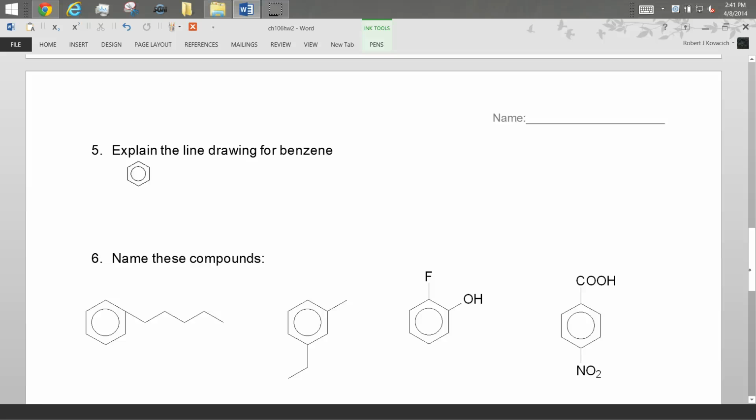This is a pi bond that's delocalized. Where does the pi come from? They're p orbital electrons. The electrons themselves come from p orbitals. So whenever I've got a p orbital electron making a bond with another p orbital electron, we call that a pi bond.